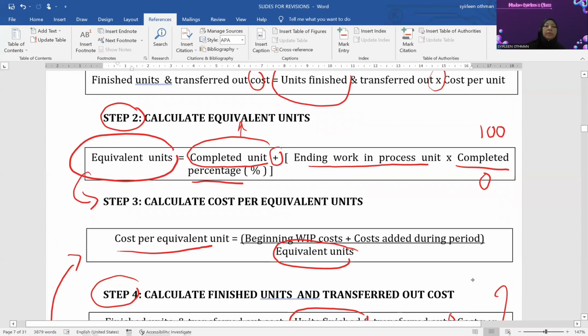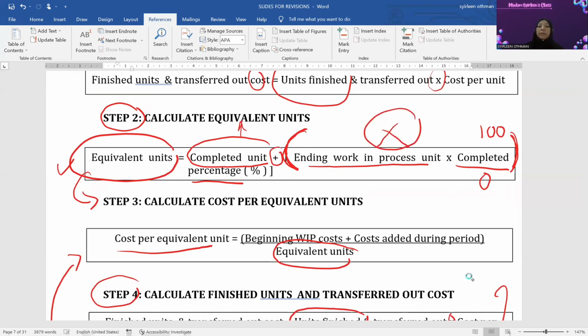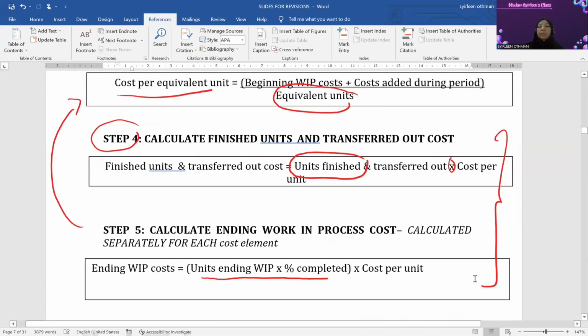So item yang you dapat dekat step 2 tadi ni, okay, you kira equivalent unit kan? Dalam equivalent unit ni, kalau you perasan, okay, di tepi tu, you ada ending work in process, darab completed percentage. Okay, this item here, alright, yang kita akan guna di bawah untuk kira ending work in process unit.